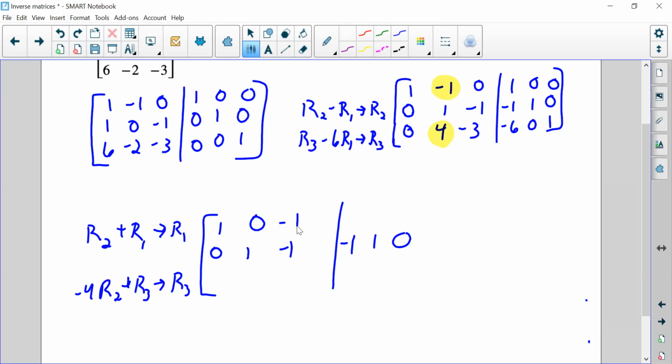Okay. And then we have 0, 1, and 0. -4 times R2 plus R3 ends up with 0, 0, 1, -2, -4, and 1.